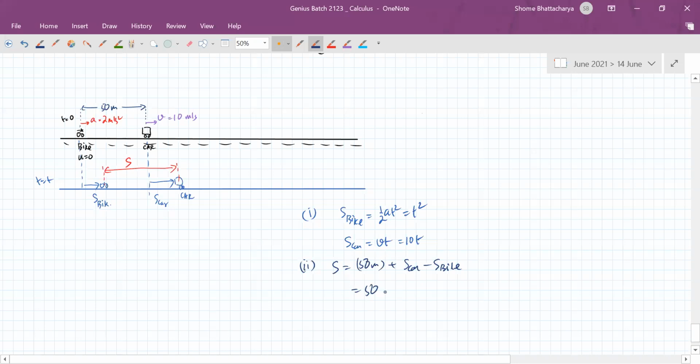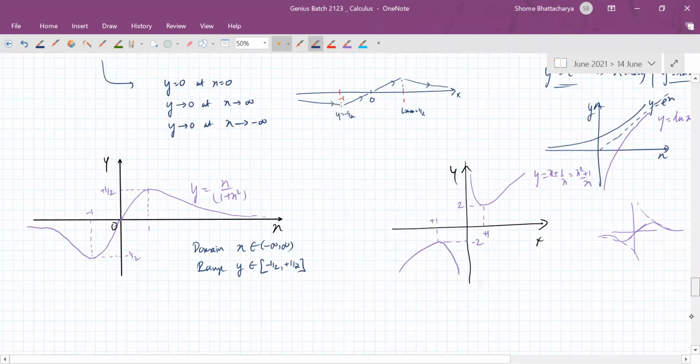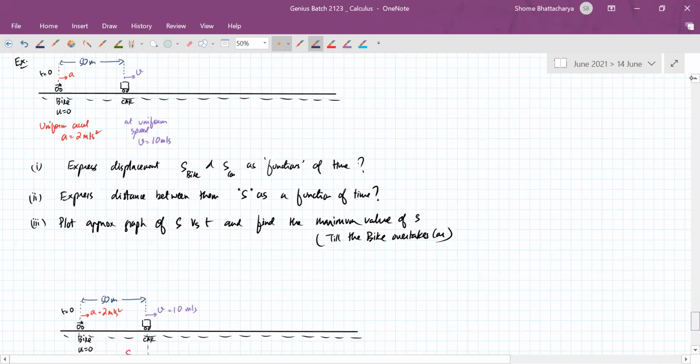So it has become 50 plus 10t minus t square. Okay. So this is the distance between the car and the bike as a function of time.